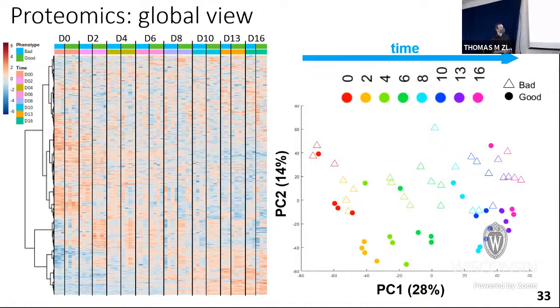So we see early time points have a low score on this principal component, and late time points have a high score on this principal component, showing this overall trend from early time points to later time points that's explained in this data set. Does that make sense more or less?